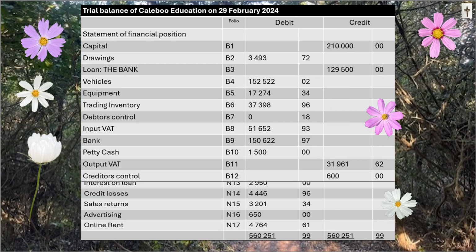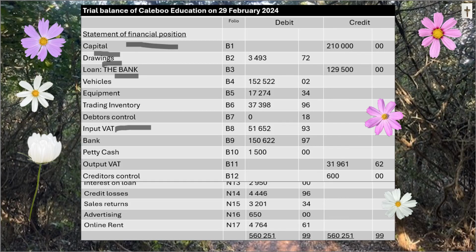So in this trial balance, we have a statement of financial position section where we record all the final balances of owners' accounts, assets, and liabilities. So we have the owners' accounts, liabilities, and assets in the statement of financial position section.